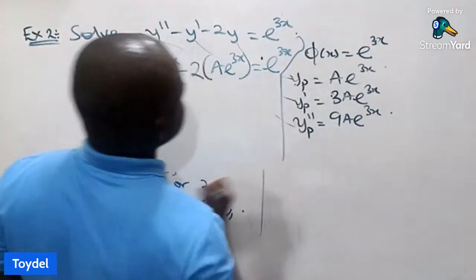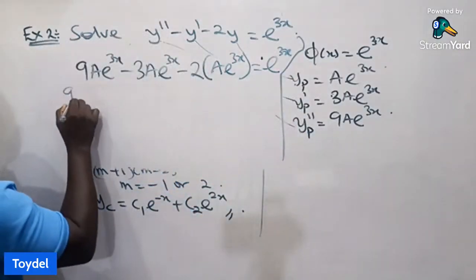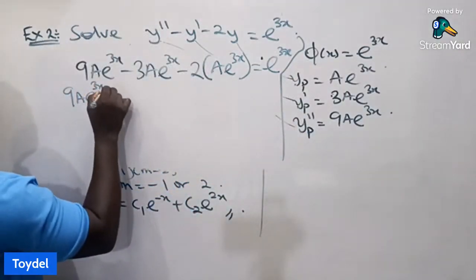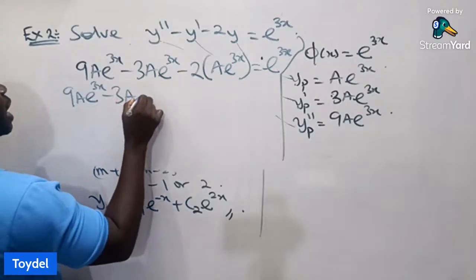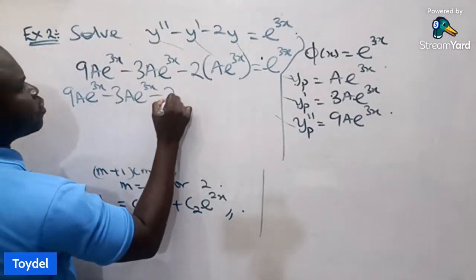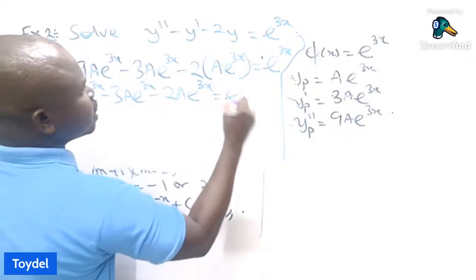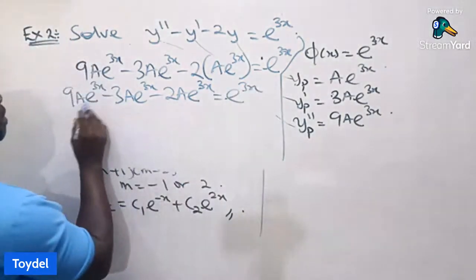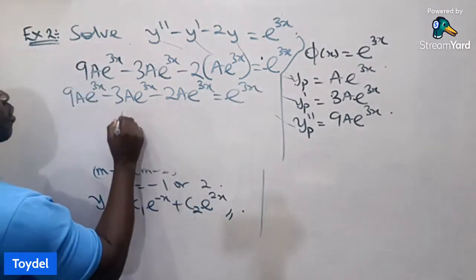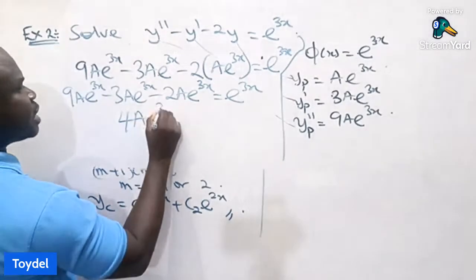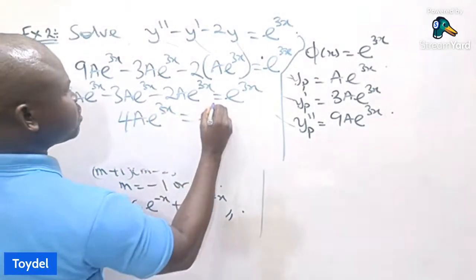That's what we are going to get. So when we open up, we have 9a exponential 3x minus 3a exponential 3x minus 2a exponential 3x is equal to e raised power 3x. Of course, 9 minus 3, that's 6. 6 minus 2, we have 4a exponential 3x to be equal to e raised power 3x.